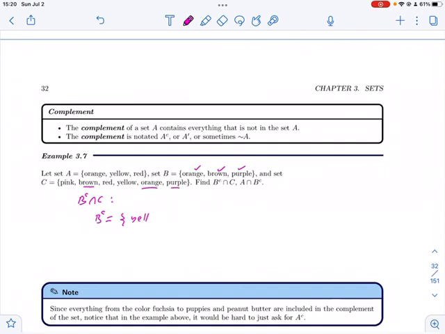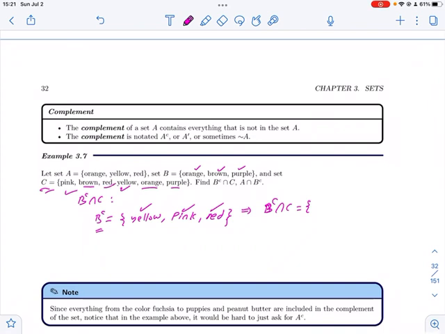Does it need anything else? No, that's it. So this is the complement of B. Now we apply the operation B complement intersects C. So the elements in both B complement and C, what are the elements? Yellow, pink, and red. So that's B complement intersect C.